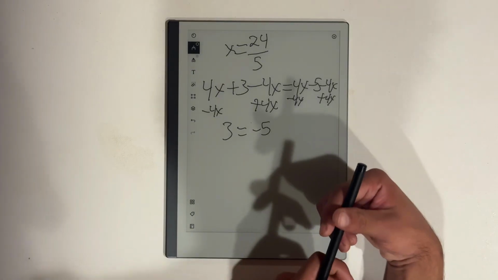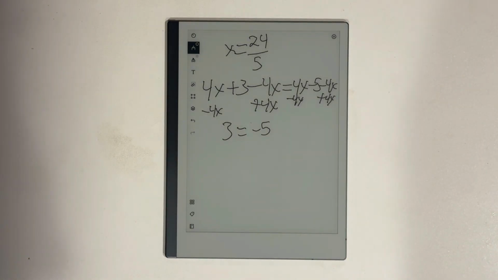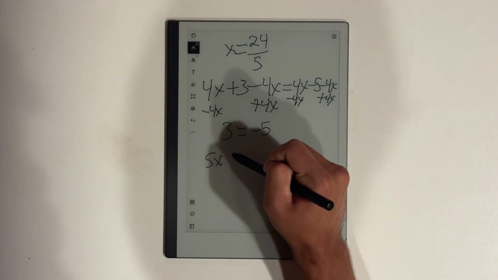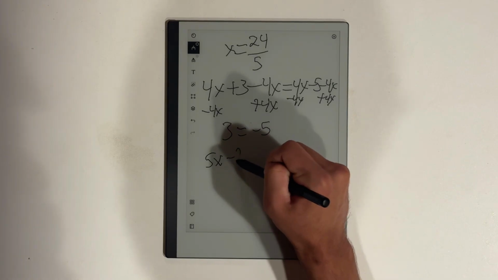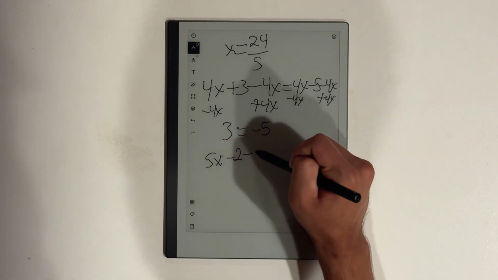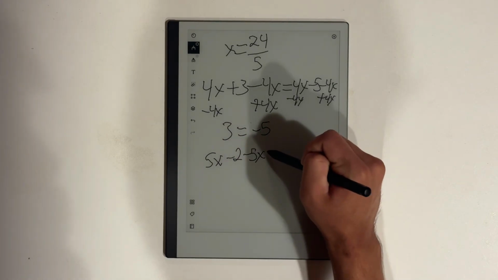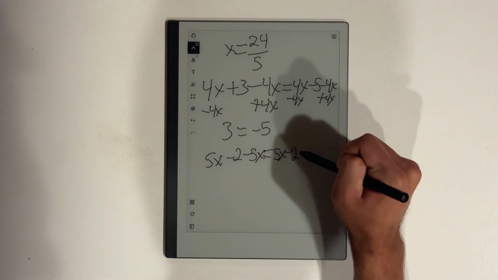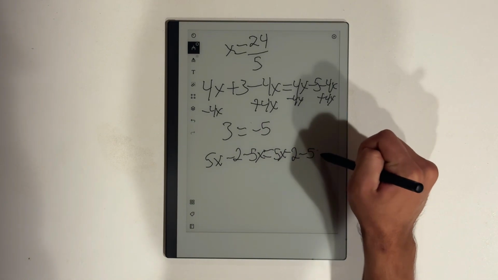And then we are also going to look at one with infinitely many solutions. So we'll do 5x minus 2 minus 5x equals 5x minus 2 minus 5x.